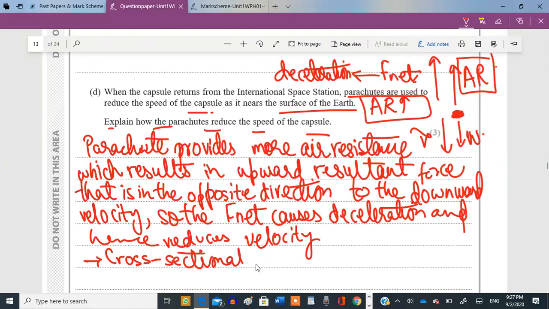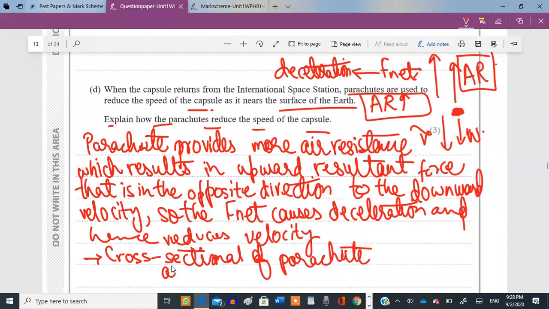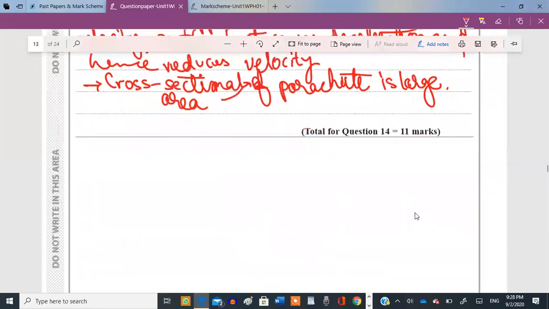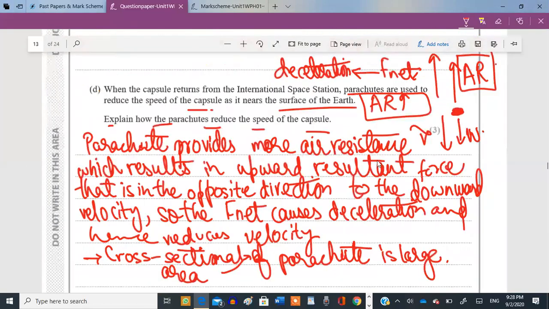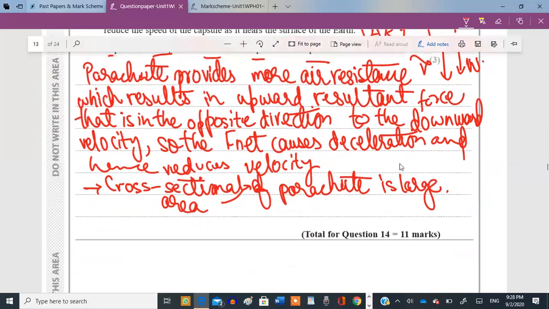So cross-sectional area was the first point that came into my mind, and this is the first point written in the marking scheme. Cross-sectional area of parachute is large. Okay, it increases the cross-sectional area, so therefore it increases the air resistance. It results in an upward net force, and hence results in deceleration and decrease in velocity.